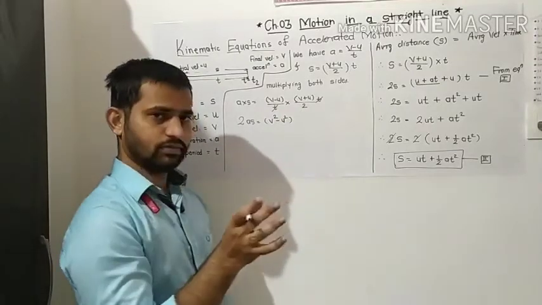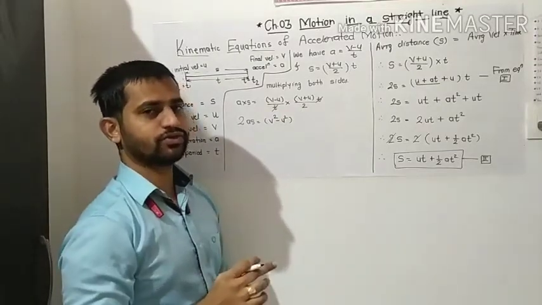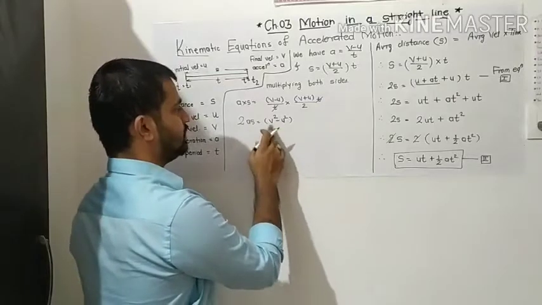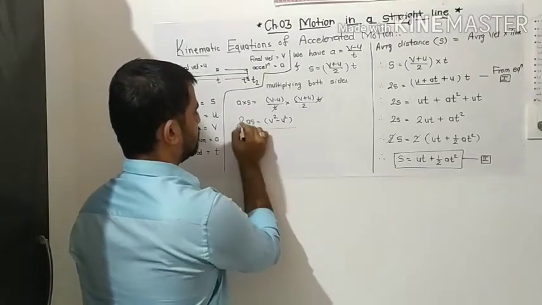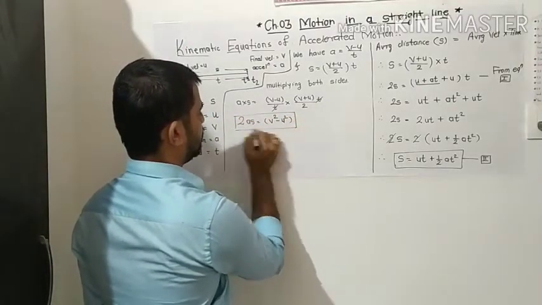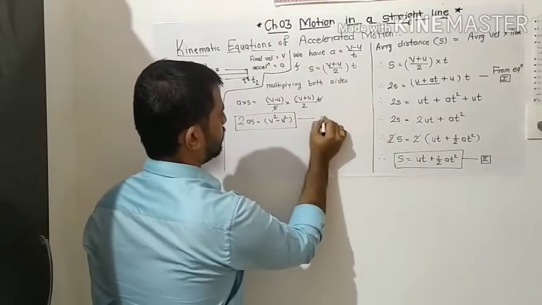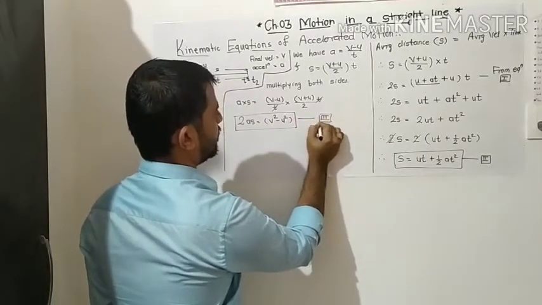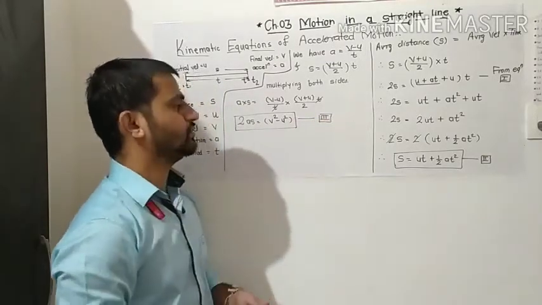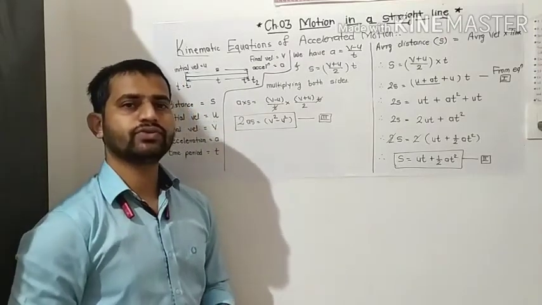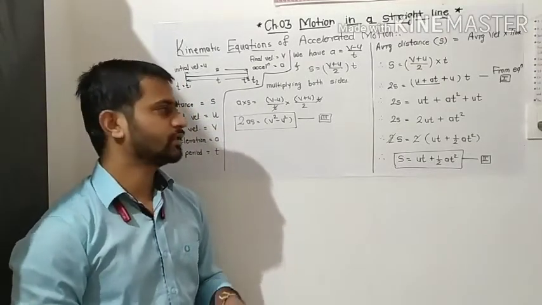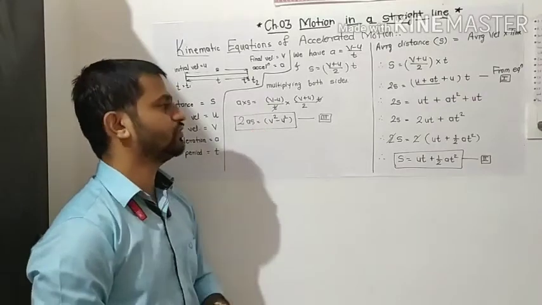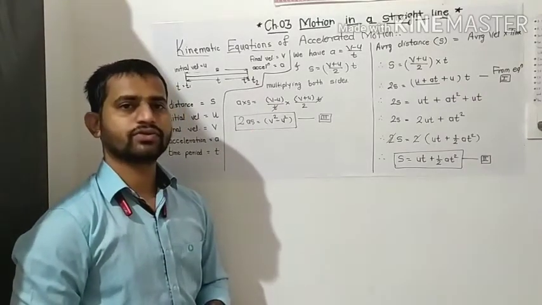So if we multiply these two terms, we will get this equation, and this is the third kinematic equation: twice as is equal to v square minus u square.